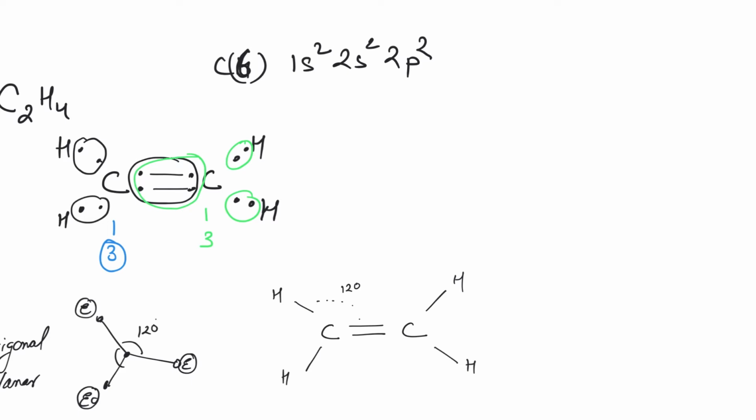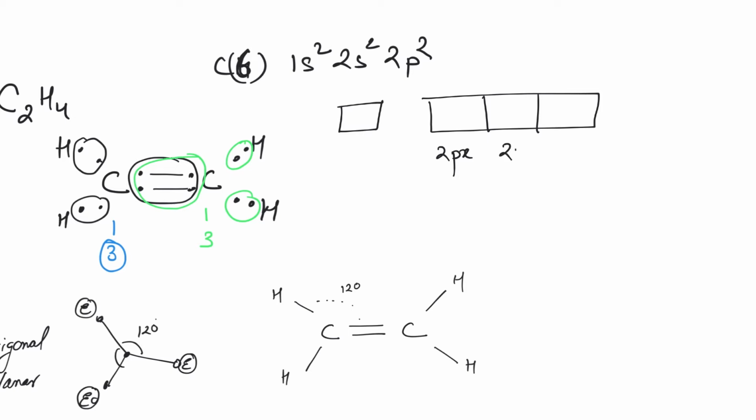So let's draw 2s and 2p. Let's write 2px, that means along the x-axis, 2py and 2pz. This is 2s2. Let's fill the electrons here.